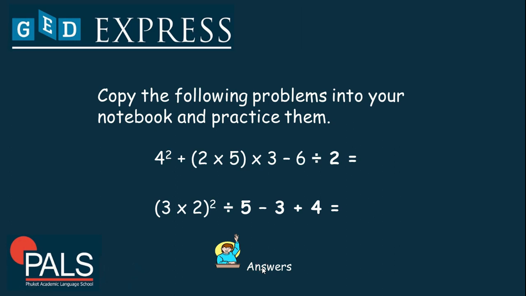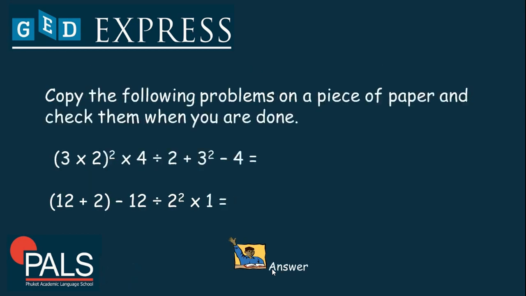Let's have a look at another one. 4 raised to 2. You can pause for a while and then check it. We will have the answers at the last part of the video. Next, we have this one.